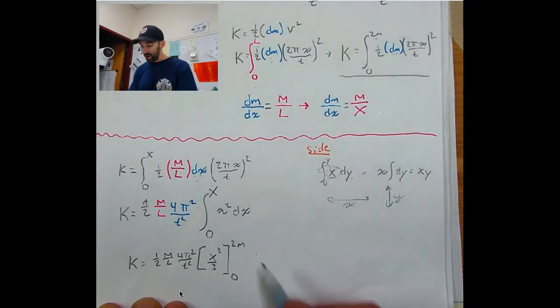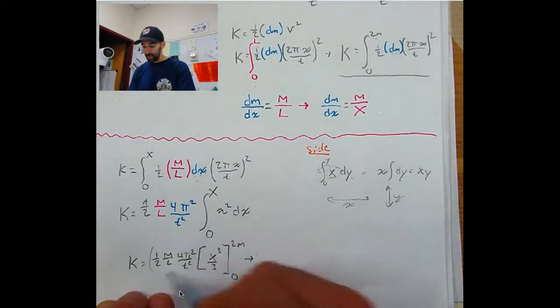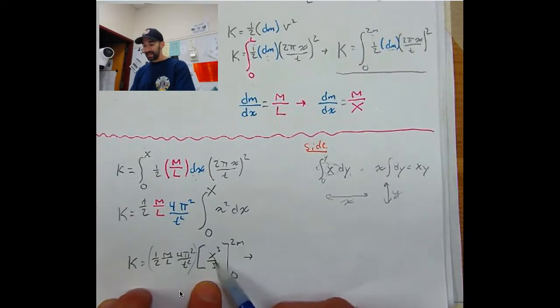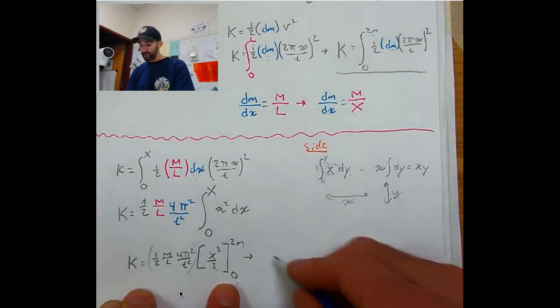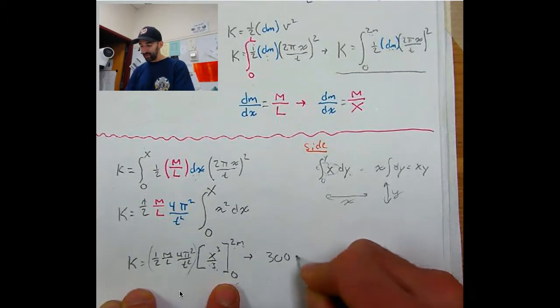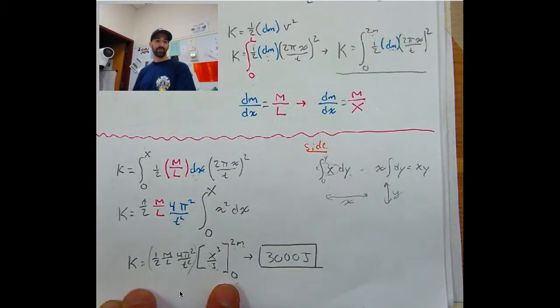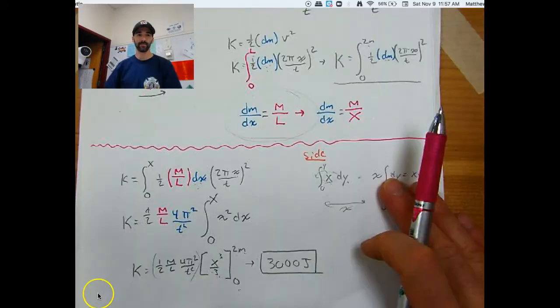Now, when I plug all those things in, it would be this whole thing times x cubed over 3, which would be 2 cubed over 3, minus 0 cubed over 3, from the top to the bottom. And obviously the zeros are going to go away. We should come out to, I believe, 3,000 joules of kinetic energy. But to be honest, I don't remember if that calculation is exact.